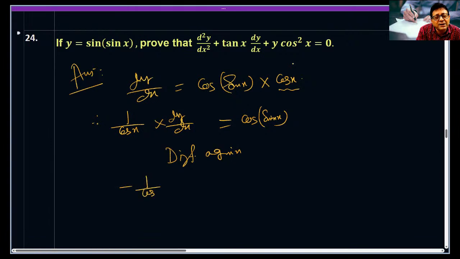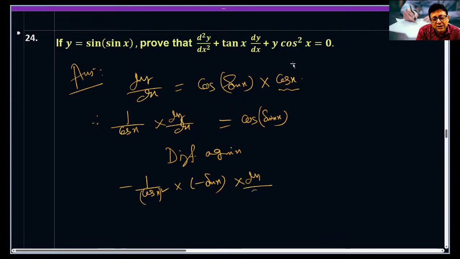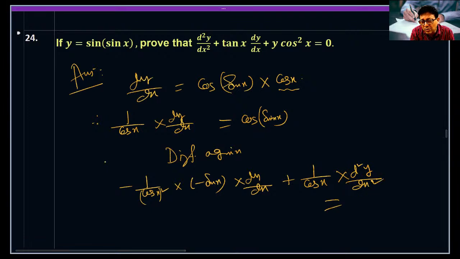Minus 1 by cos x square, cos x derivative is minus sine x, into dy by dx, plus 1 by cos x, and this will be what?